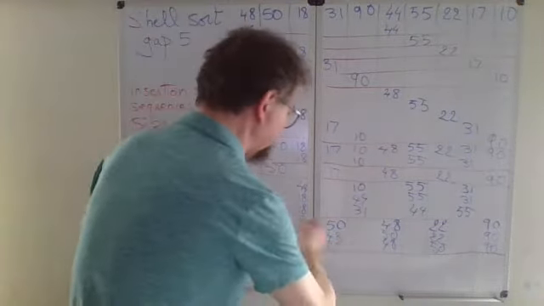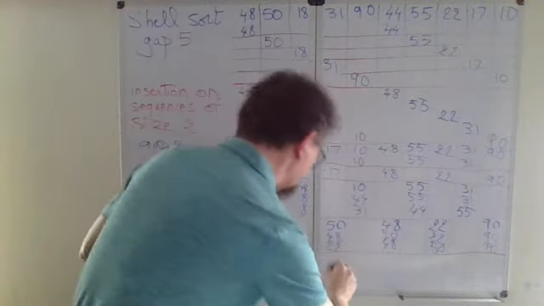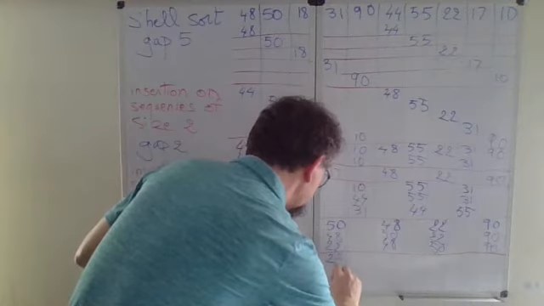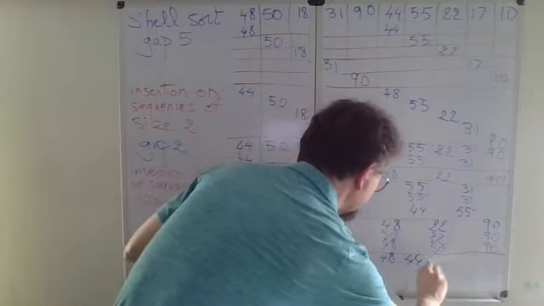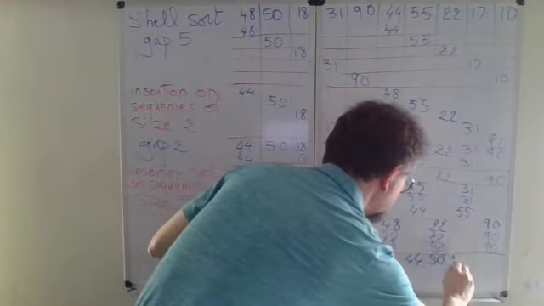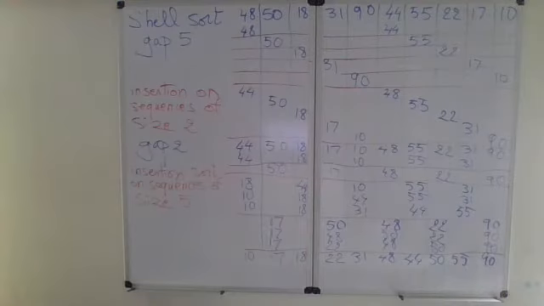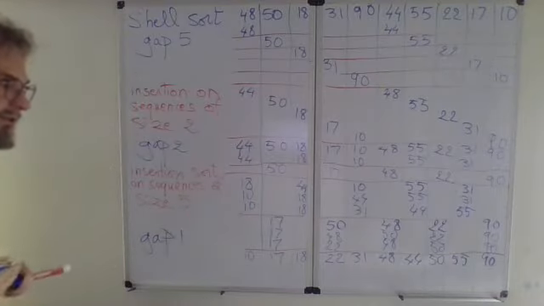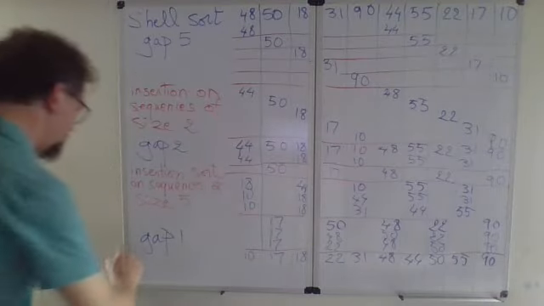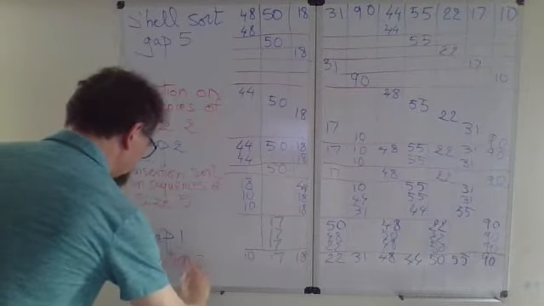Actually, for the computer, the sequence is always there, but for the onboard simulation, I write down what we see at this moment. So we have this sequence, and now we apply gap 1, which means that there is no gap, but we apply insertion sort on the entire sequence.